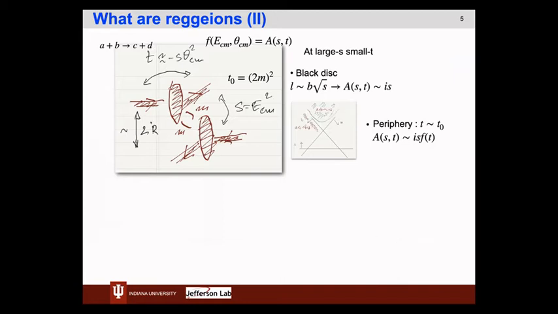Here you see a sketch of a hadron, quasi-hadron two-body process, two hadrons A and B scattering into hadrons C and D at high energies. The kinematics is such that S is the Mandelstam variable representing the center of mass energy squared, and T is the Mandelstam variable representing momentum transfer.